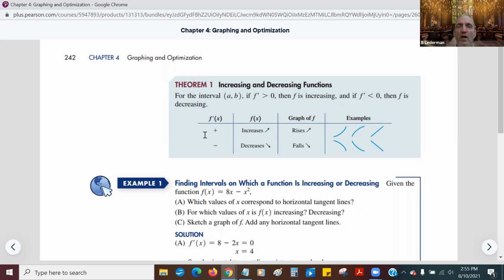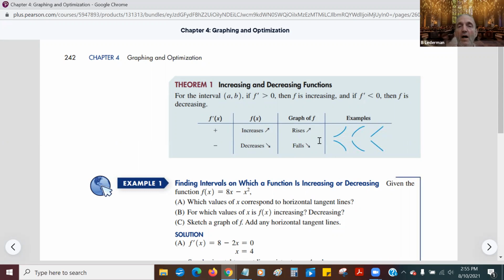Just to be clear, f prime is the derivative function and f is the original function. So if the derivative is positive, the original function is increasing. If the derivative is negative, the original function is decreasing. And of course, if it's increasing, that means the graph is rising, and if it's decreasing, the graph is falling.